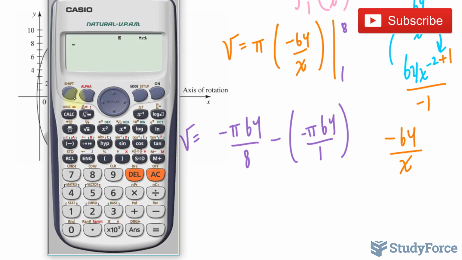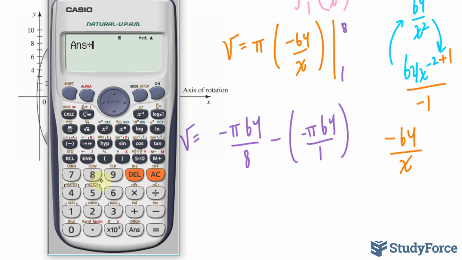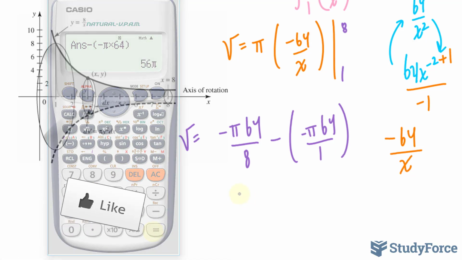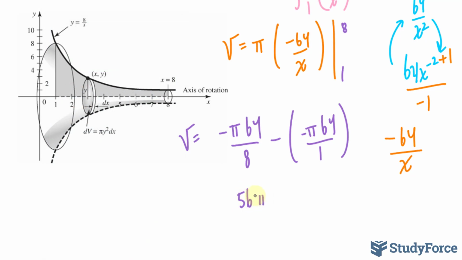We have negative pi times 64 divided by 8 minus negative pi times 64. No need to divide by 1. And this gives us 56 pi. 56 pi cubic units.